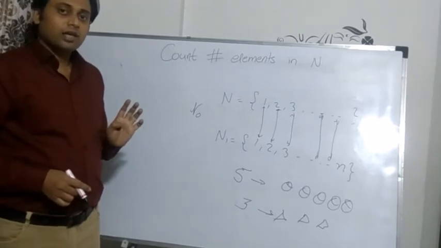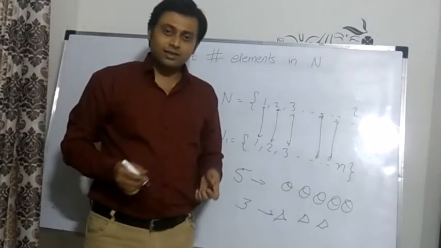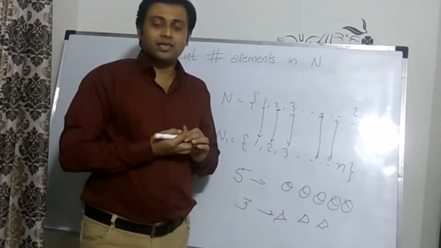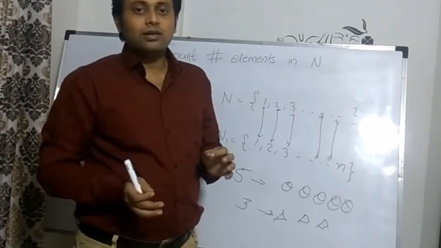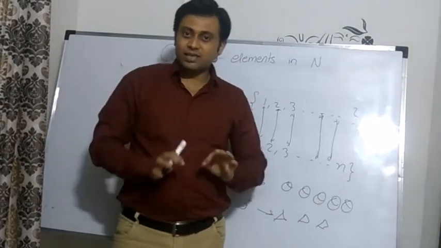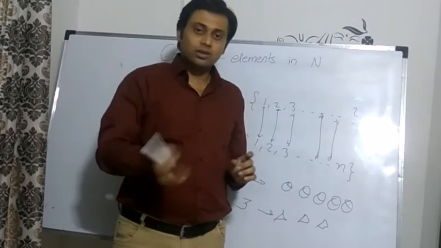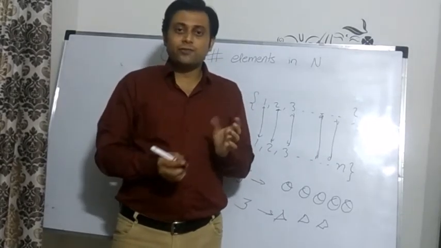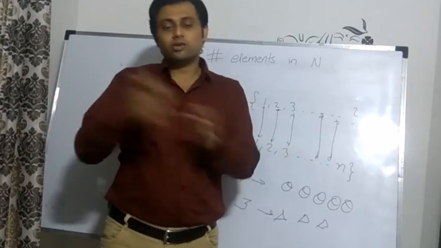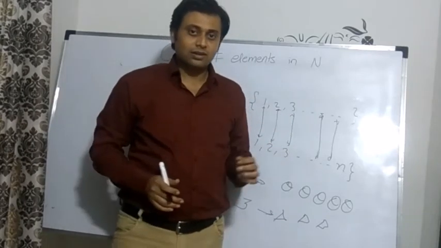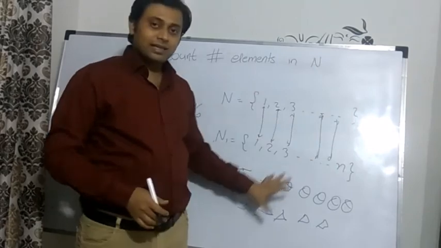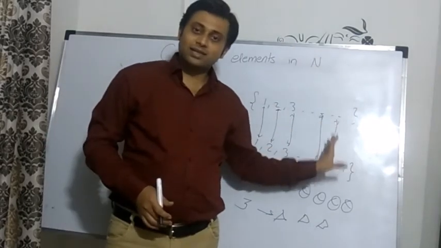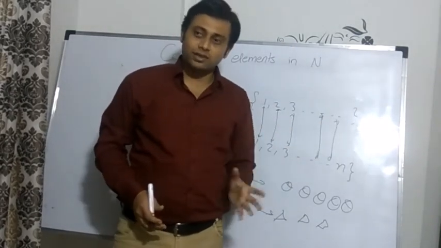If you don't know who Cantor is, this entire discussion is based on normal set theory. This set theory is due to Cantor. He proposed this set theory. So now, obviously, if we have Cantor set theory, we also have some other set theories. So our basic set theory is called naive set theory or Cantorian set theory or Cantor set theory.